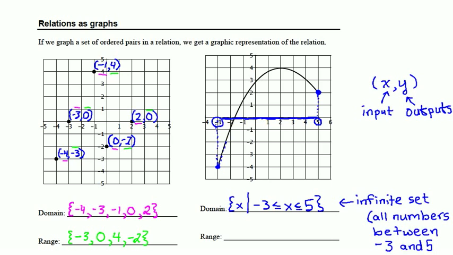Another way that we can do this is using interval notation, so I'll squeeze that answer in here as well. This would be with square brackets -3, 5. Both of these notations are fairly common ways to express this set.